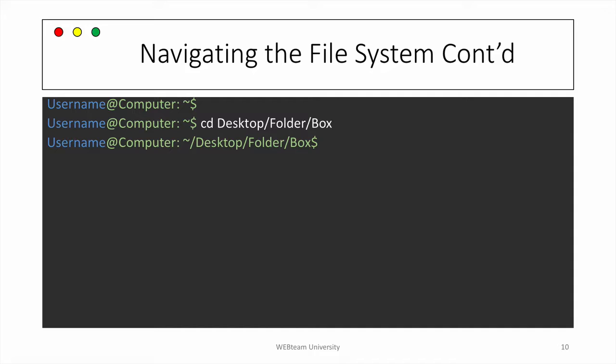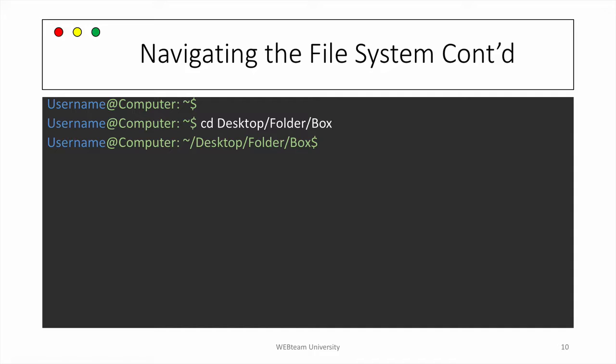And the same is true for the ls command. We can list the contents by issuing ls, and that's going to give us the contents of the current directory. If we want to know the contents of another directory, we can ls desktop/folder/box, and that's going to give us the contents of that directory.